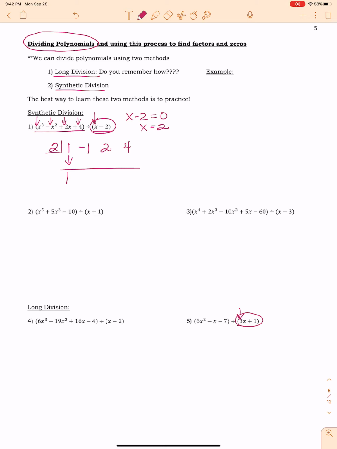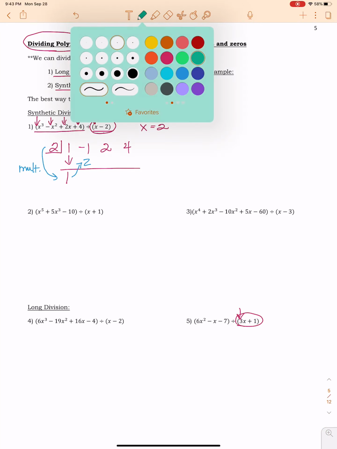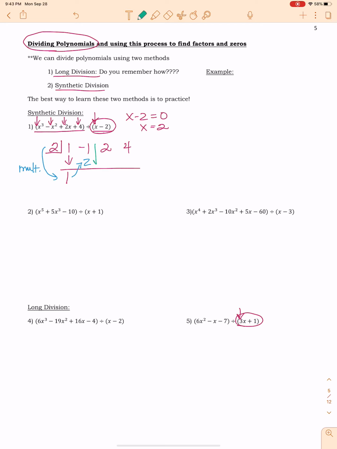Well, here's the process. I'm going to use a different color to illustrate this. I take this 2 and I multiply it by the 1. What does that give me? A 2. And that's where I put it, right there. Then I add these numbers.